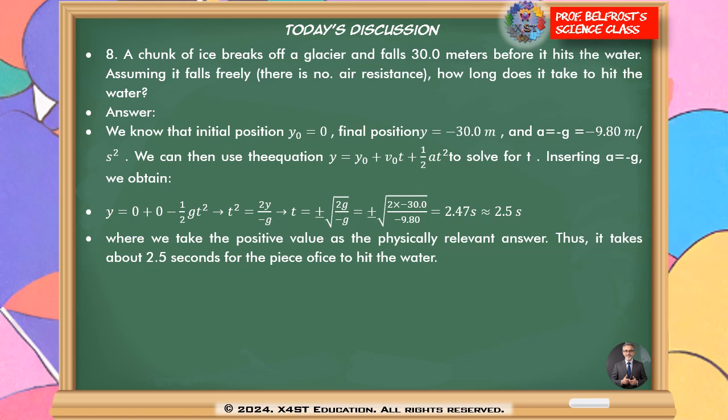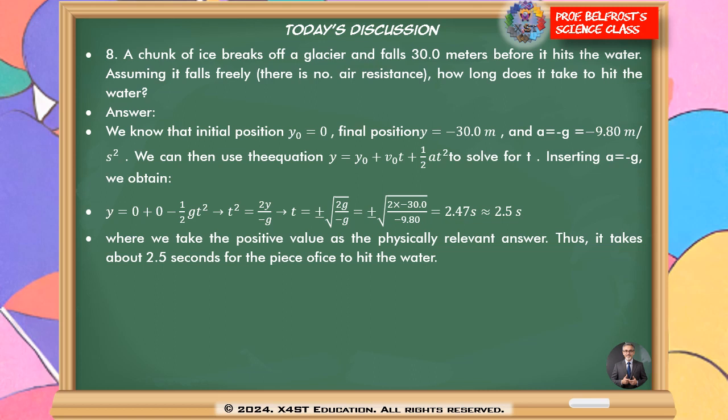Number 8. A chunk of ice breaks off a glacier and falls 30 meters before it hits the water. Assuming it falls freely, how long does it take to hit the water? Okay, so we have identified the knowns y0, y, and a.